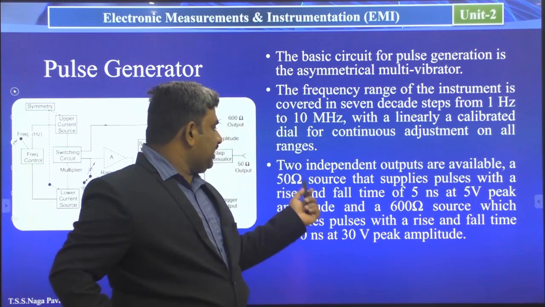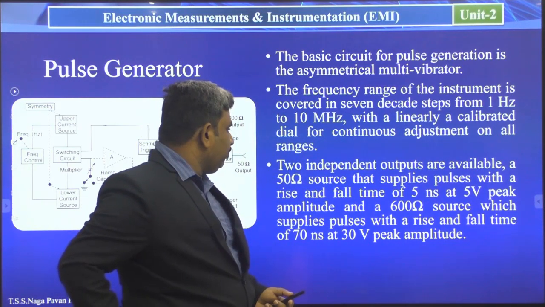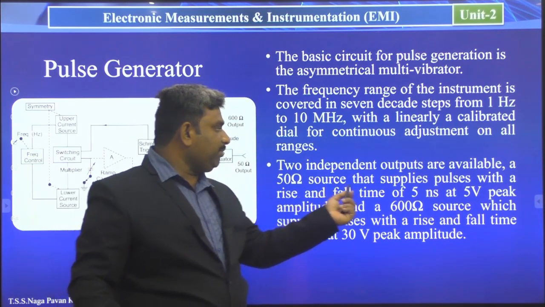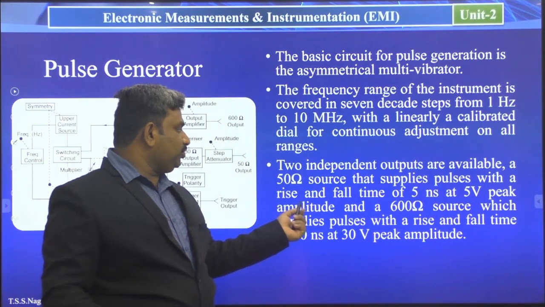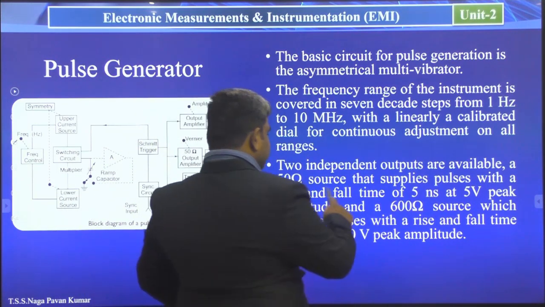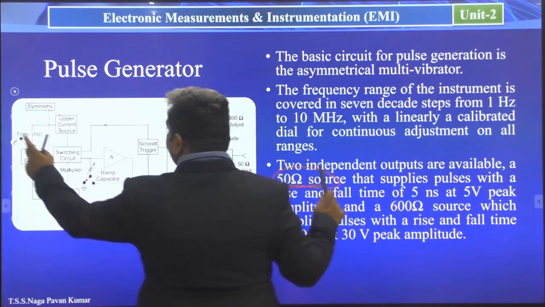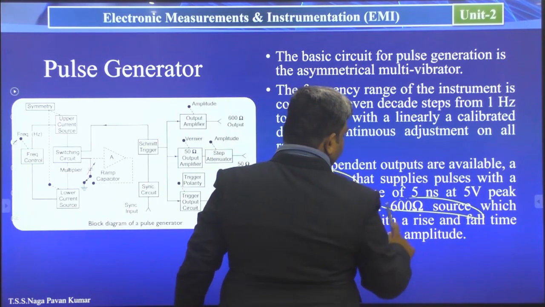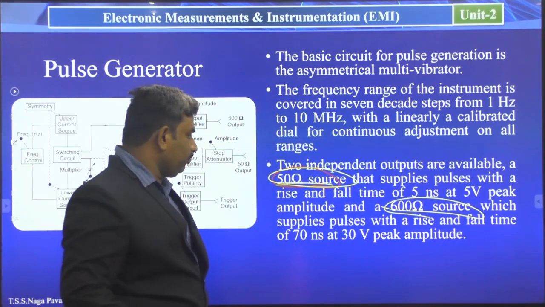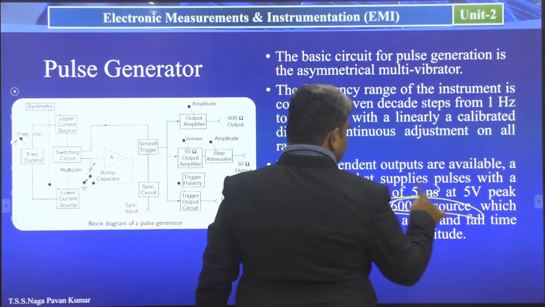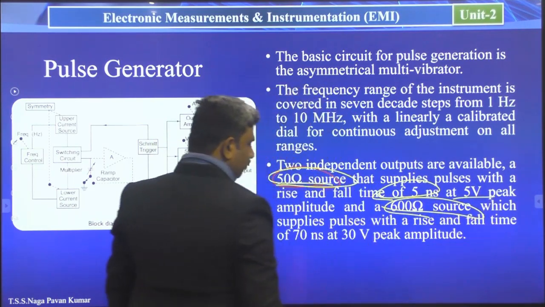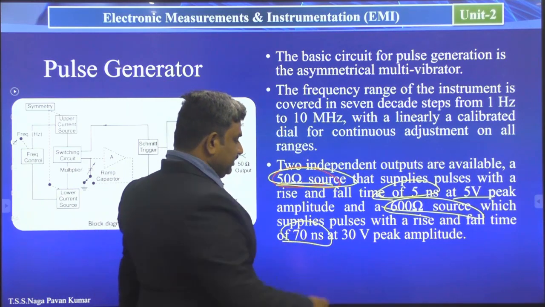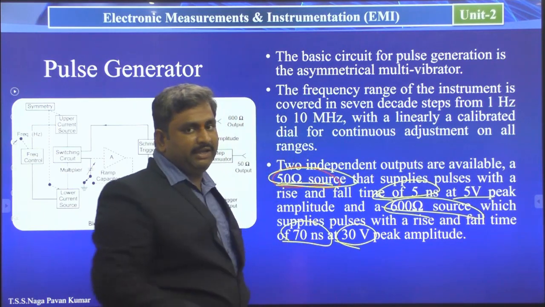Two independent outputs are available, with 50 ohms and 600 ohms sources. The 50 ohms output supplies pulses with a fall time of 5 nanoseconds and 5 volts peak amplitude, and the 600 ohms output has 70 nanoseconds rise or fall time and 30 volts peak amplitude.